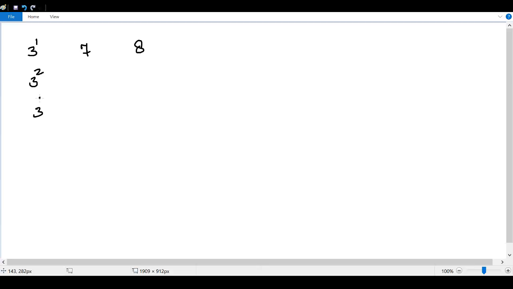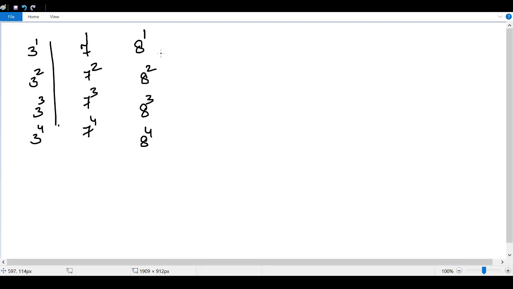what does 3 square end in, what does 3 cube end in, what does 3 power 4 end in, and 3 power 5, 3 power 6, 3 power 7, and so on. 7 power 1 ends in, 7 square, 7 cube's last digit, 7 power 4's last digit, and 7 power 5, 7 power 6, and so on. Similarly, 8 power 1, 8 square, 8 cube, 8 power 4, 8 power 5, 6, 7, 8, and so on.